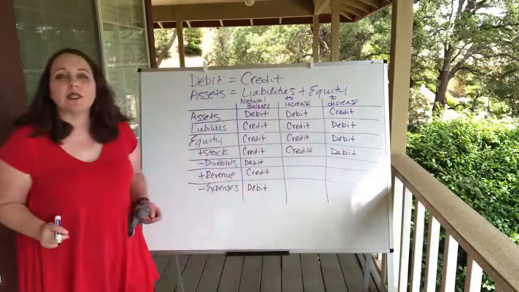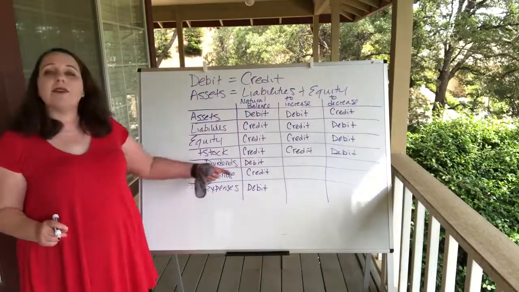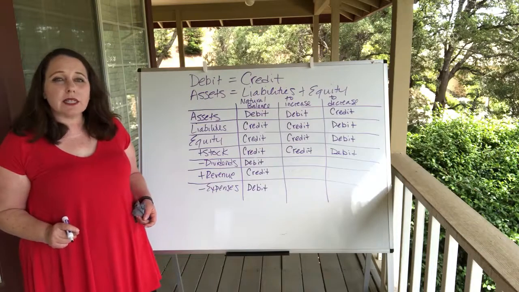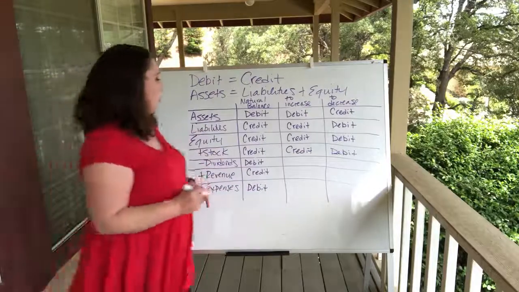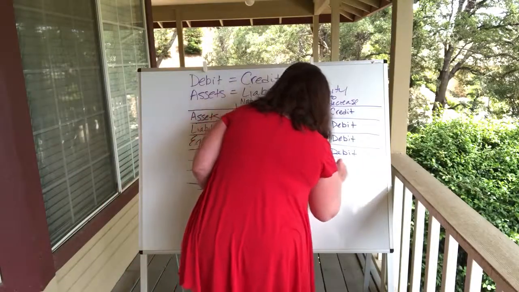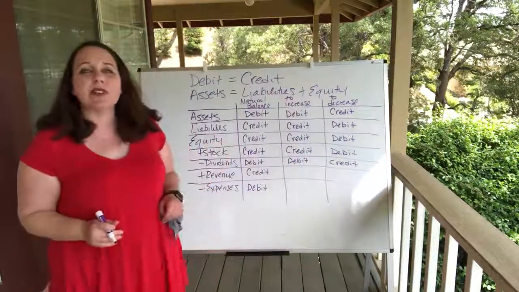And if we're decreasing stock, we're going to debit. Dividends have a natural debit balance. So if we're increasing dividends because we've paid more dividends, then we're going to do that with a debit. And we'll go ahead and decrease dividends with a credit.